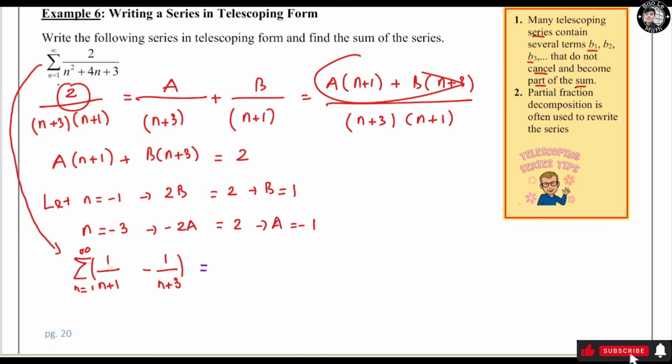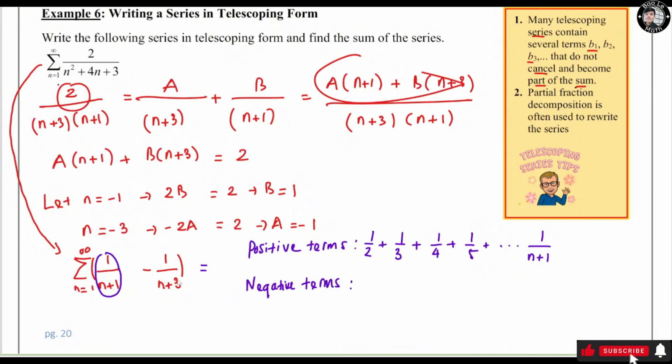Alright, so I'm going to deal with the positive terms first. n equals 1, you have 1/2. n equals 2, you have 1/3. n equals 3, you have 1/4. n equals 4, you have 1/5, right? Until the last term, it's going to be 1 over n plus 1, right? Now the negative terms: n equals 1, you have negative 1/4, right?